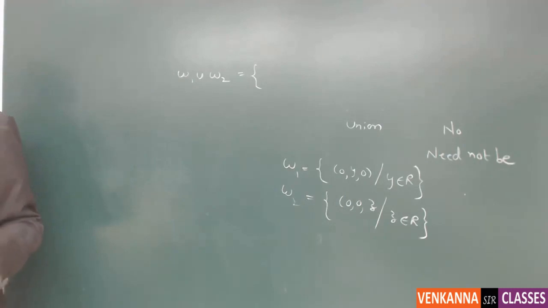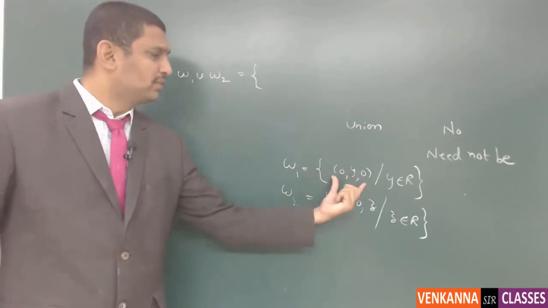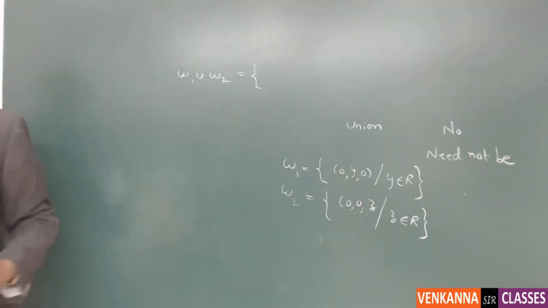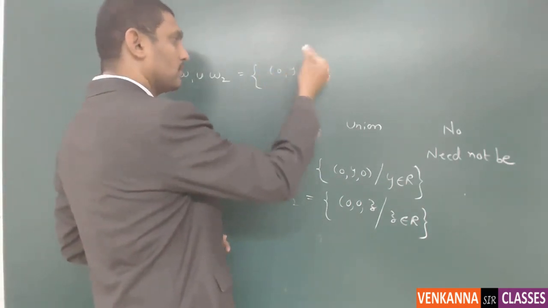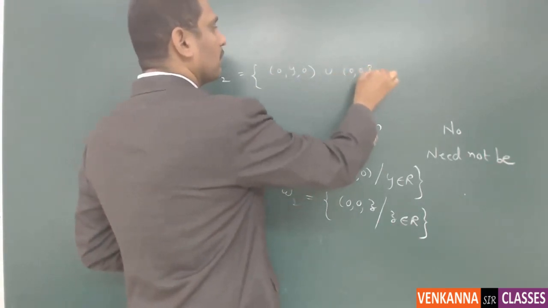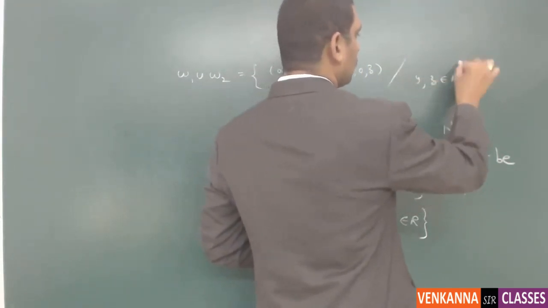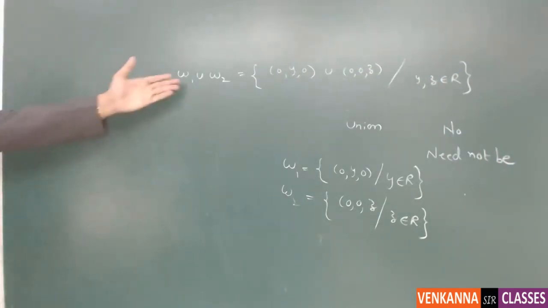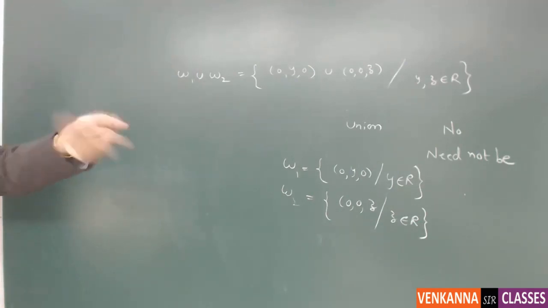Whatever point you consider, it will be either of this form or of this form. Accepted? Now I am saying that this union need not be a subspace, or it is not a subspace.